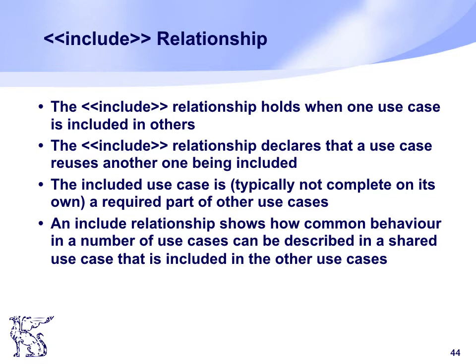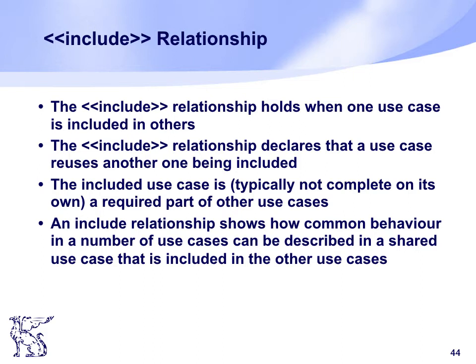If you find two or more use cases that share common functionality, you can extract it and add it to a separate use case. Then you connect it via the include relationship to show that it's always called when the original use case is executed. So when you use an include relationship, the child one is always called when you call the parent.